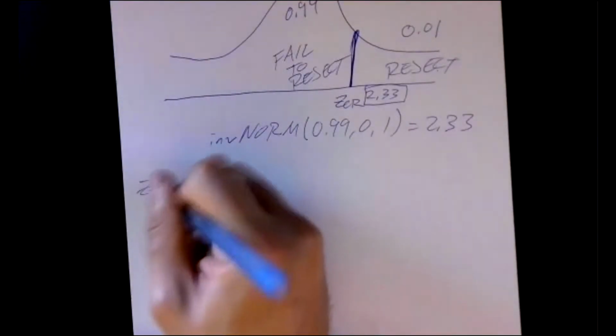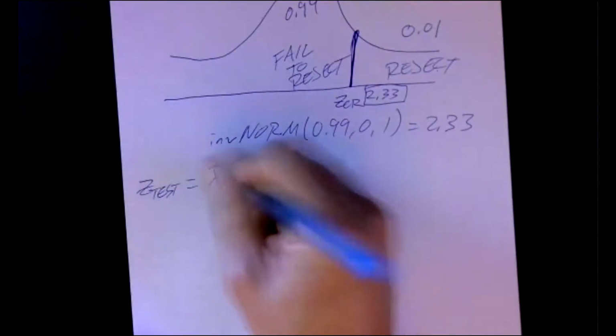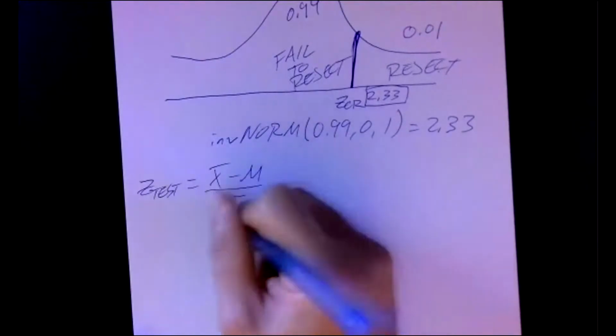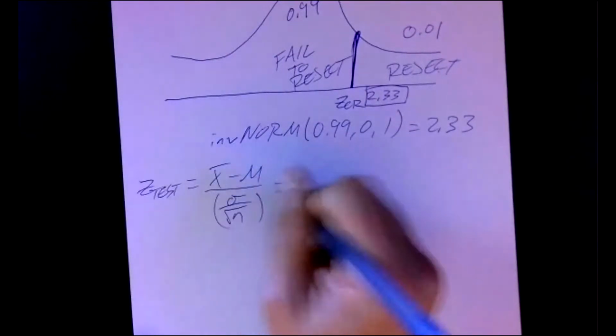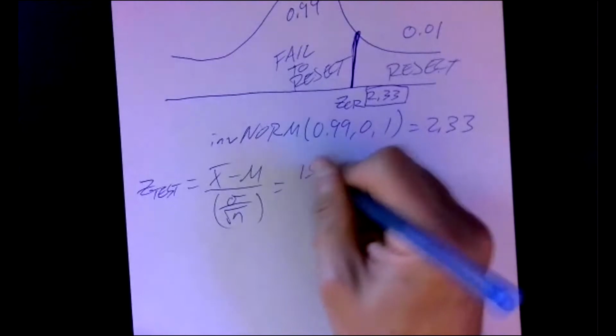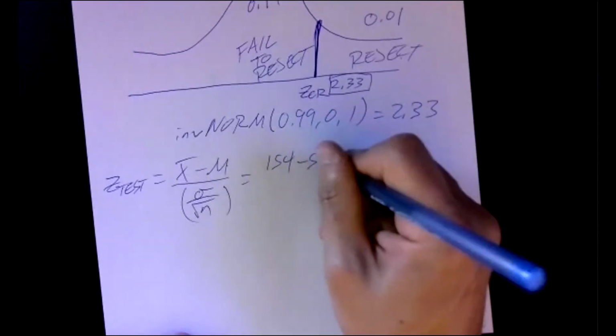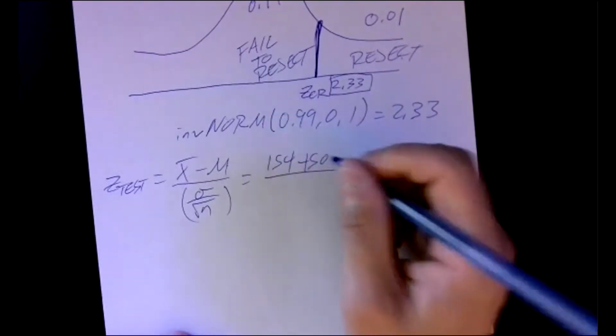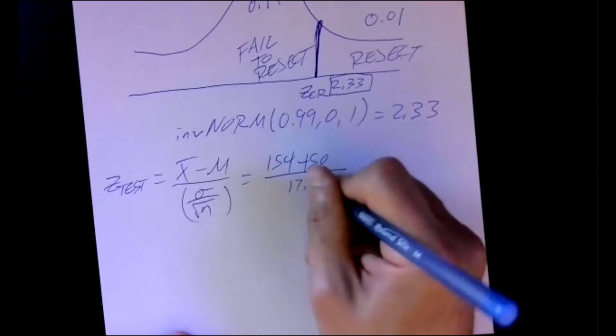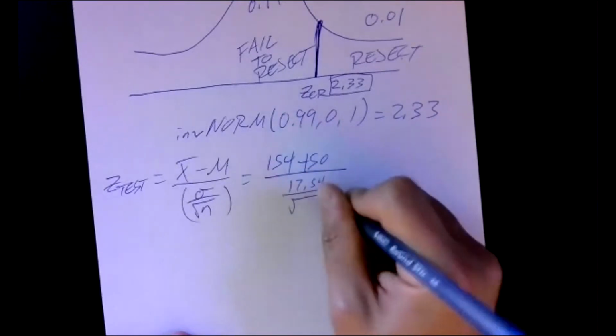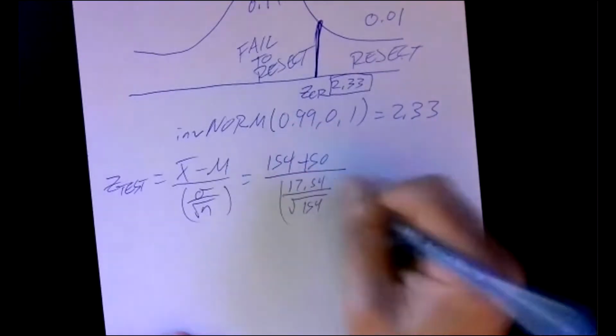Let's find the test statistic. Sample mean is 154. Population mean is assumed from the claim, 150. Sigma is 17.54. N is 154.